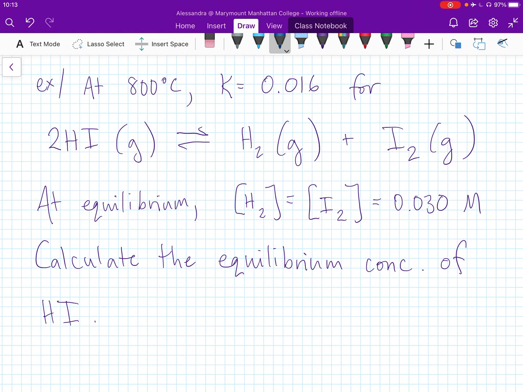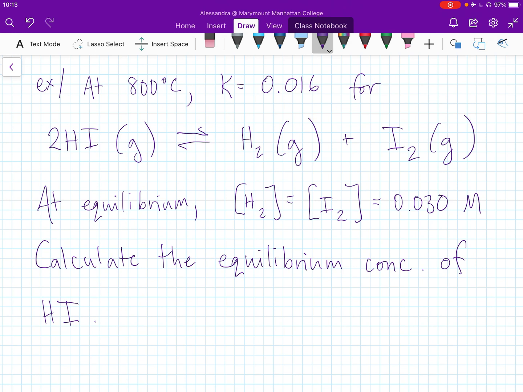From that information, we need to calculate the equilibrium concentration of HI, the reactant. So we know the K value, we know the concentrations of the products, and we don't know the concentration of the reactants.